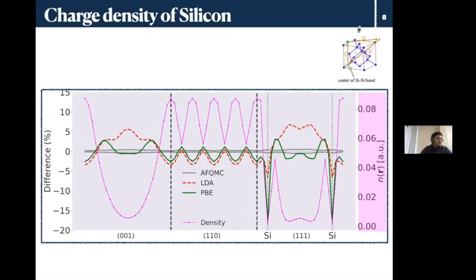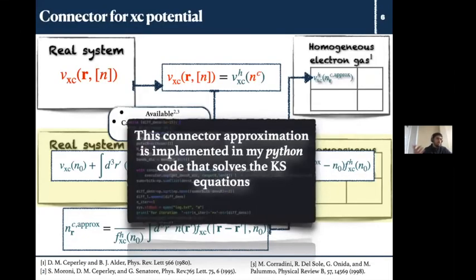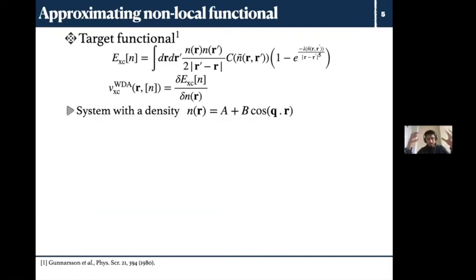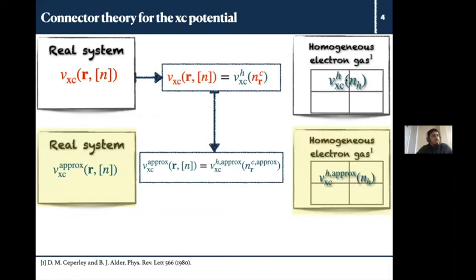As the LDA used the homogeneous electron gas with the local density as an argument of the VXC function, here we have the VXC function for multi-homogeneous electron gases. And the idea of the connector is to optimize the input density that we give to the VXC in order to get an exact approximation for the real VXC.